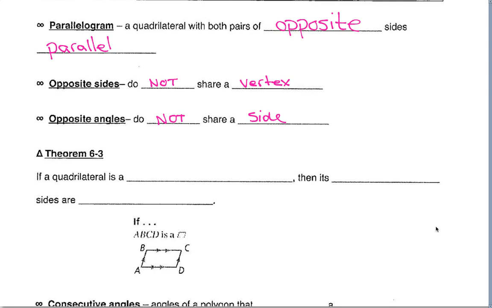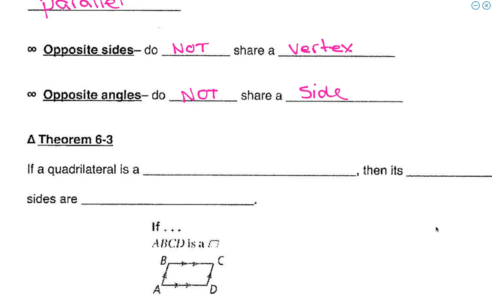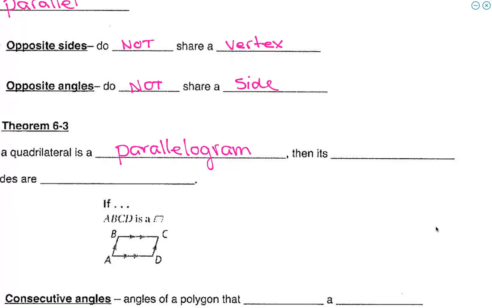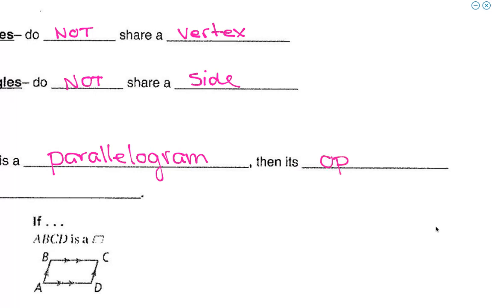So now that we've established what a parallelogram is, we can say if a quadrilateral is indeed a parallelogram, then its opposite sides are congruent.